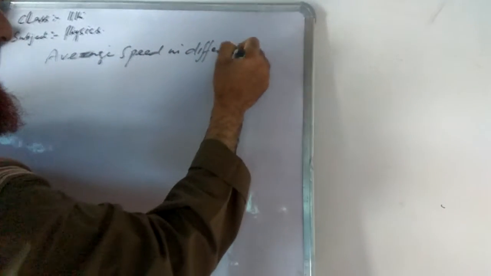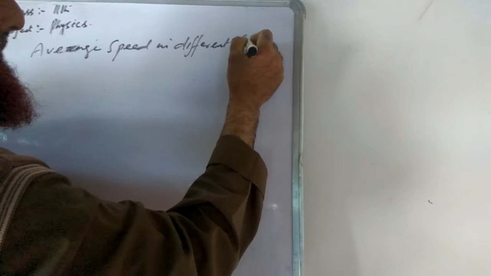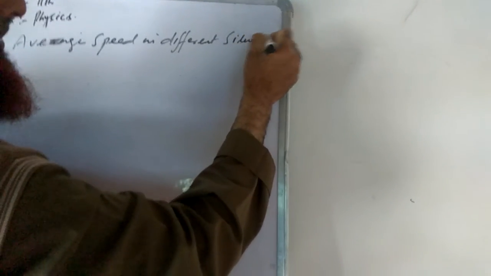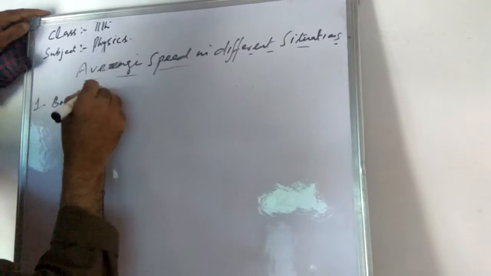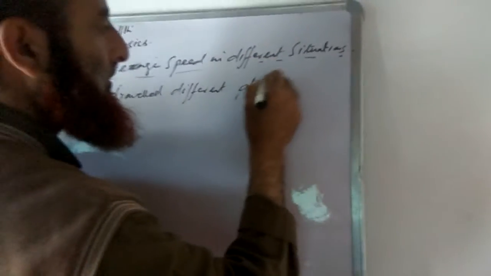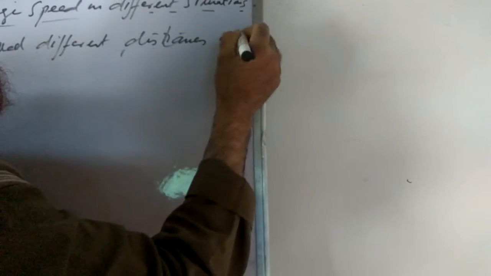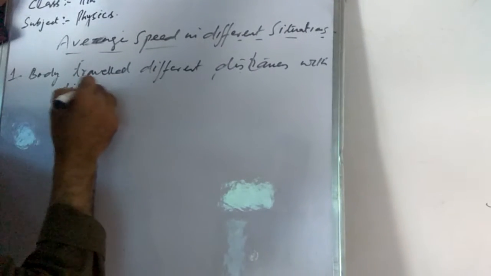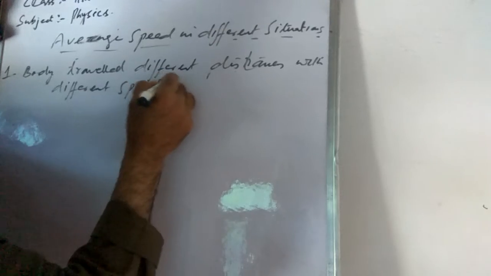Average speed in different situations. First, a body traveling different distances with different speeds.